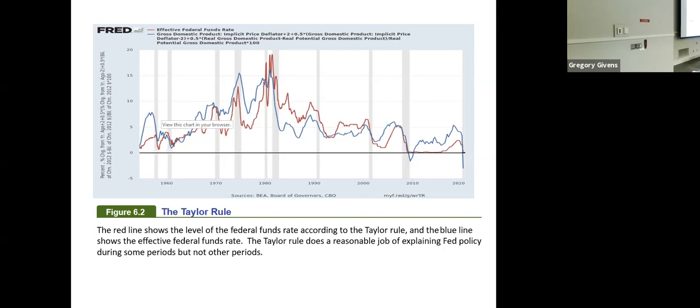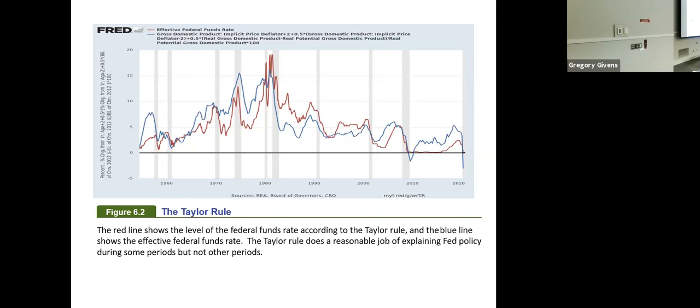That's the rate that the central bank, the Federal Reserve, implemented over time between 1955 and 2020, okay? The blue line on this picture is the federal funds rate that would have prevailed if, in retrospect, the Fed had actually implemented the Taylor rule in a systematic, formalized way, okay?